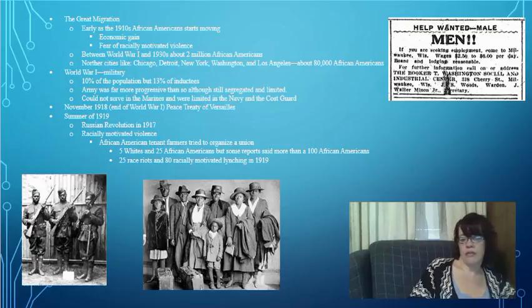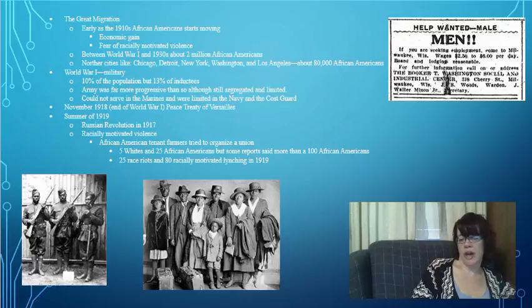African American tenant farmers tried to organize a union. This is just one example. There were 5 whites and 25 African Americans killed, but some reports have more than 100 African Americans killed in this particular race riot, where they tried to form a union and were viewed as perhaps communist agitators.